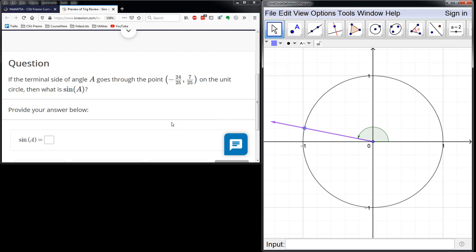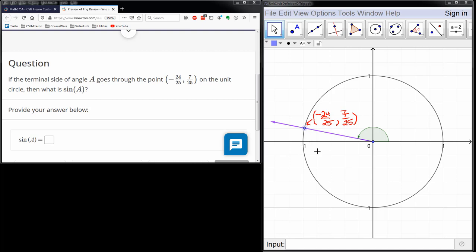They're telling me the x and y coordinates of that point: the x-coordinate is negative 24 over 25 and the y-coordinate is 7 over 25. Those are the coordinates of that point right there.